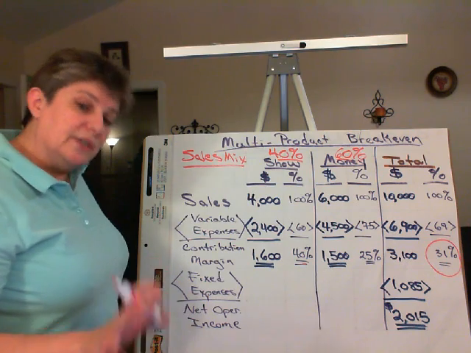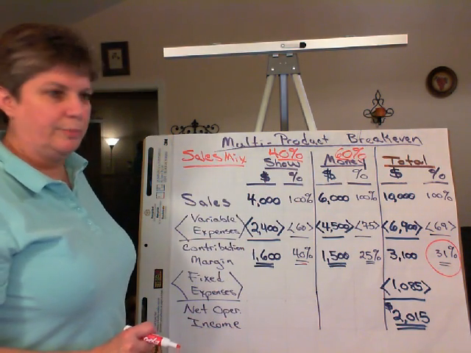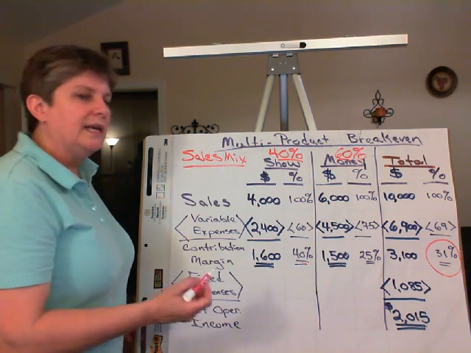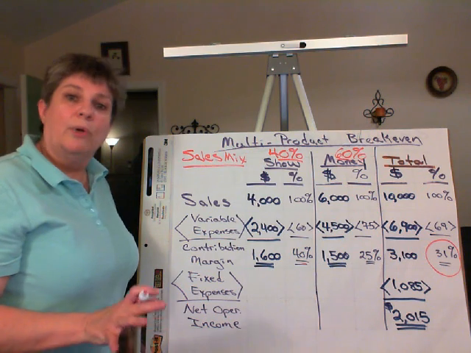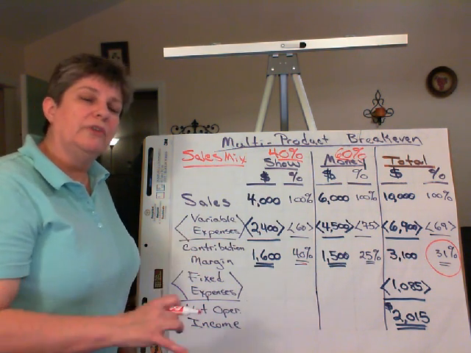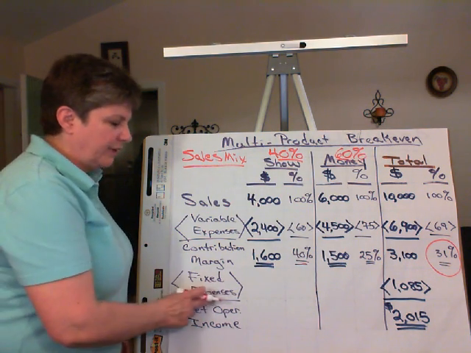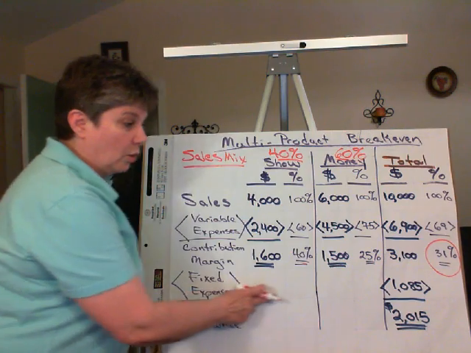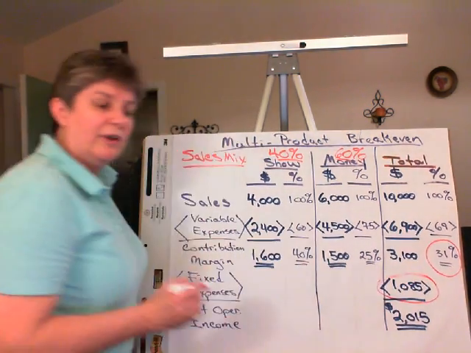The other number that we're interested in from this multi-product contribution margin income statement is total fixed costs. Because remember, break-even point is calculated as total fixed costs divided by contribution margin. So total fixed costs for the company as a whole is $1,085.